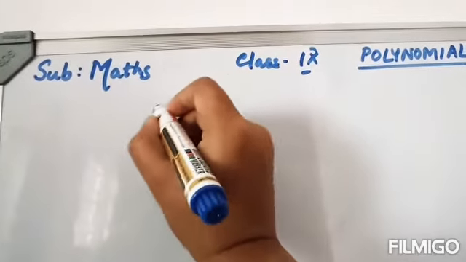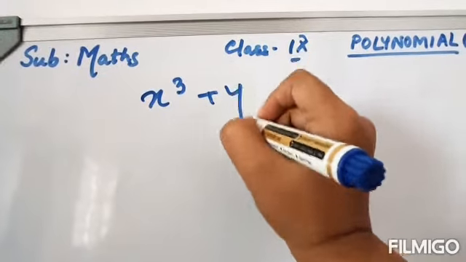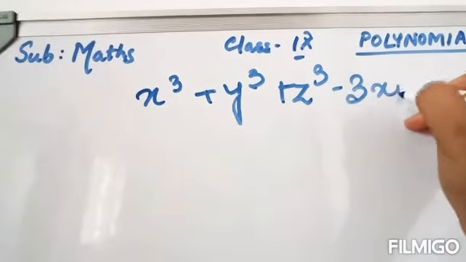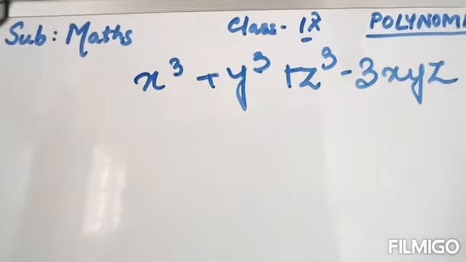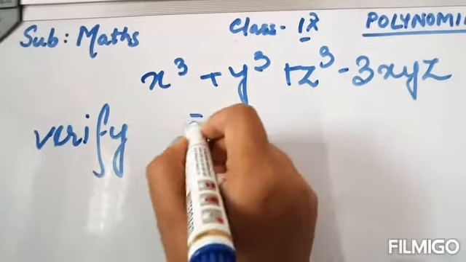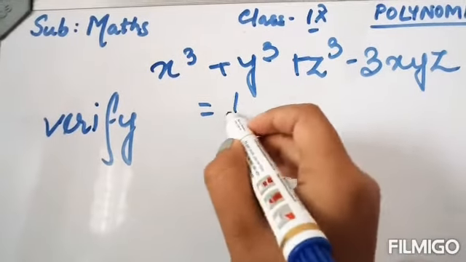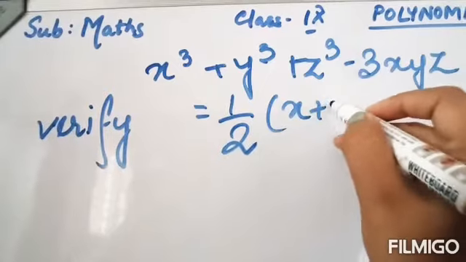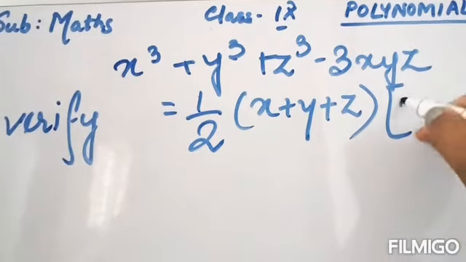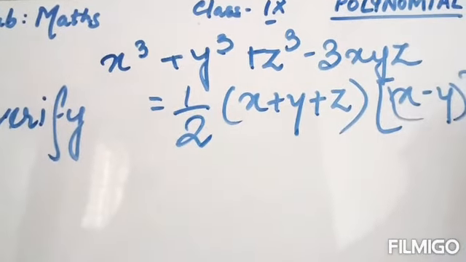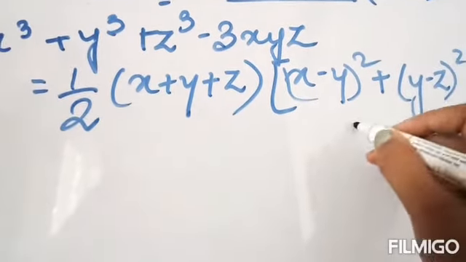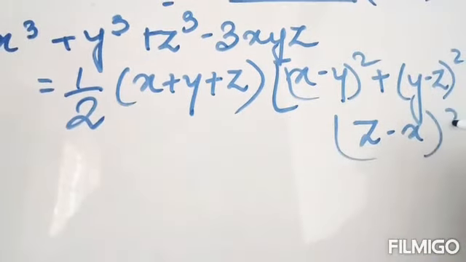Suppose one question is given as x cube plus y cube plus z cube minus 3xyz, and you are told to verify whether this is equal to 1 by 2 (x plus y plus z) into ((x minus y) whole square plus (y minus z) whole square plus (z minus x) whole square).